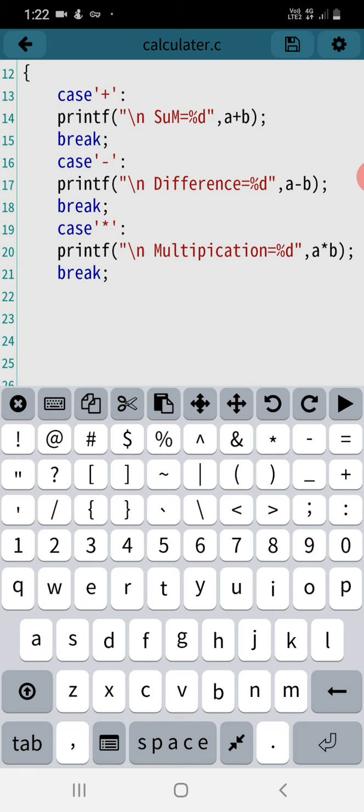Yes, so now our three cases are completed. And we have another two cases, the quotient and remainder in division. So the next case is division. In division, what we want is the remainder or the quotient. Remainder: the percentage sign is the symbol for the remainder.